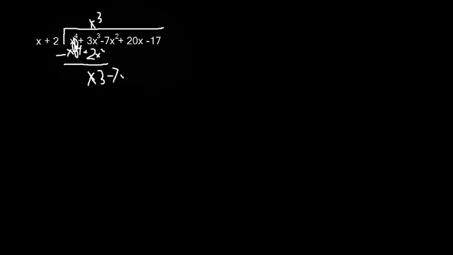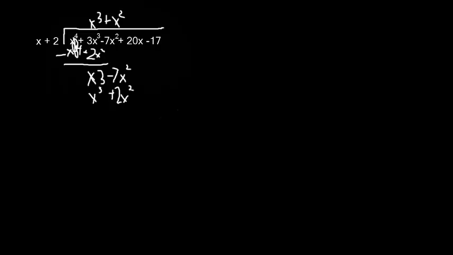Now, after I write this, I'm going to try to cancel out that x cubed, which should be pretty easy as well. Multiply that by x squared, and you get x cubed plus 2x squared.